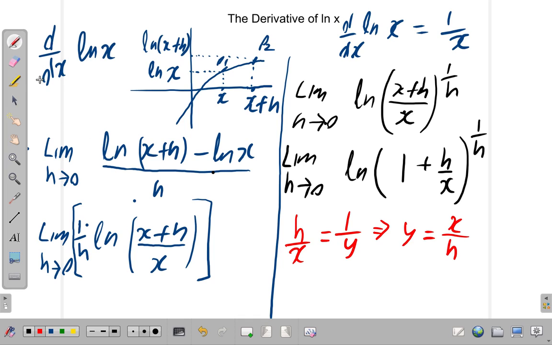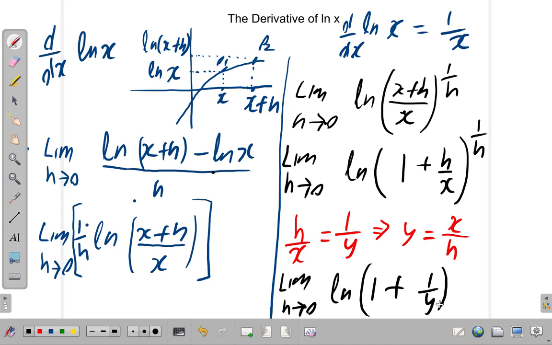Now, what do we have here? If y is equal to x over h, we would have the limit as h tends to 0 of ln of 1 plus, if y is x over h, then h over x would be 1 over y.